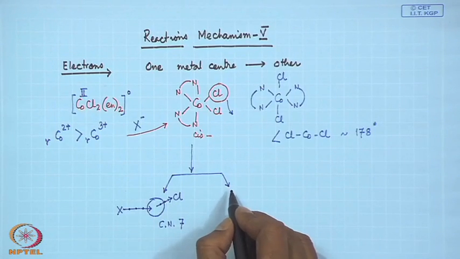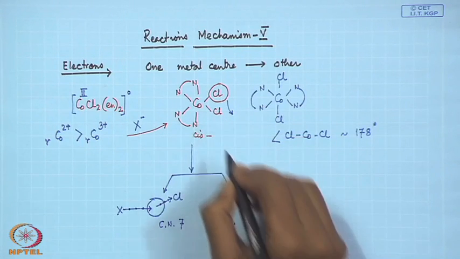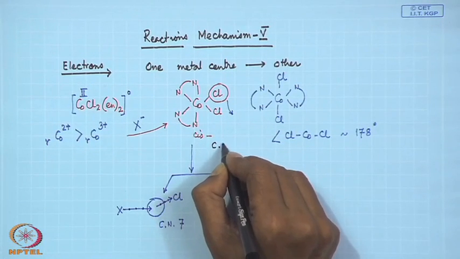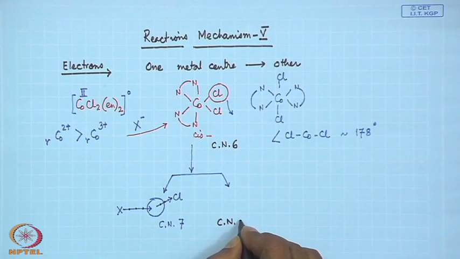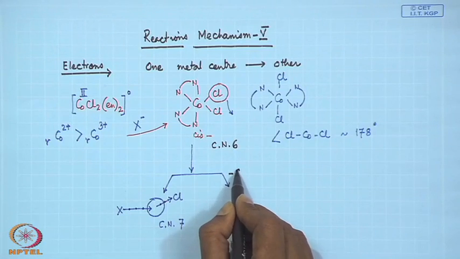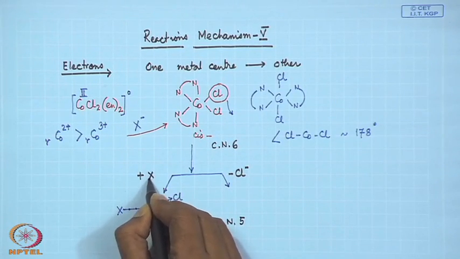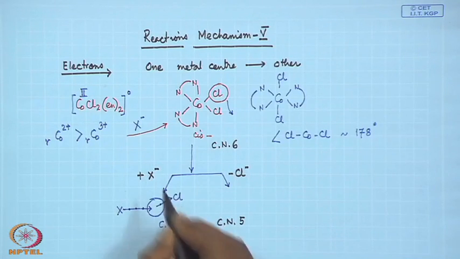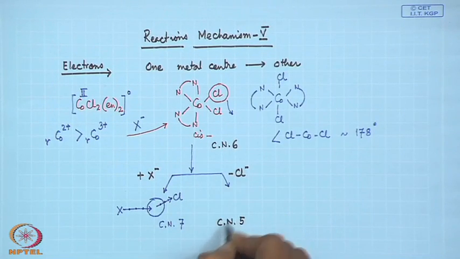And another situation is based on a coordination number less than what we have here, because here the coordination number is 6, and after removal of Cl minus, and plus X minus, we can have a situation where the coordination number is 5.